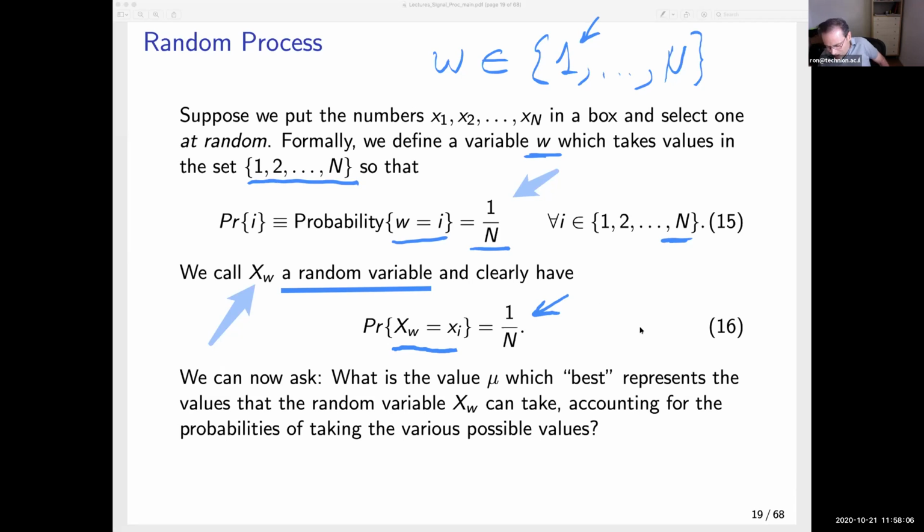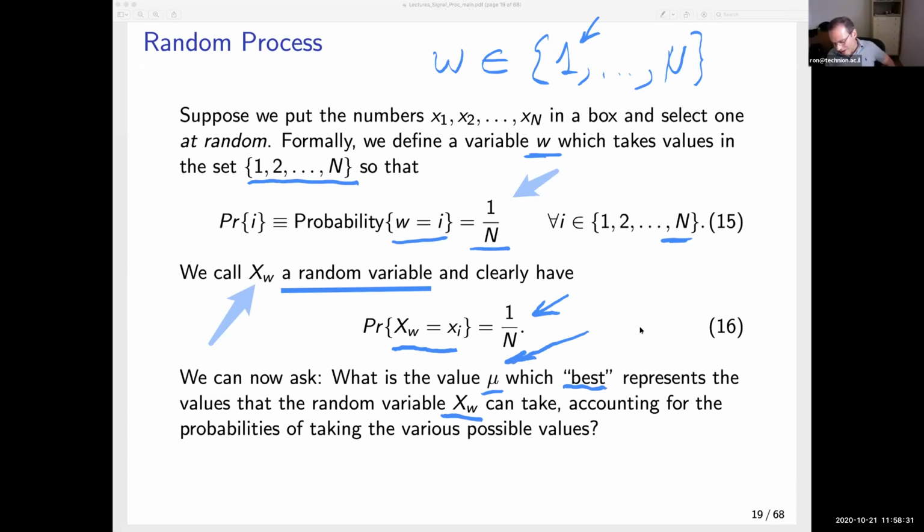So now we can ask, what is mu? Instead of theta in the non-stochastic case, in the statistical case we are asking what is the mu that would best represent the values of the random variable X of W. Expectancy. Again, the expectancy. Thank you.